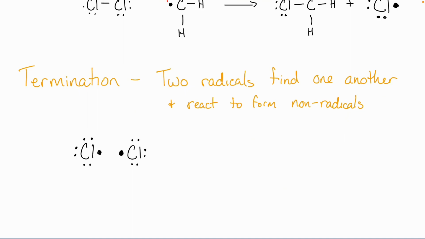So this one will say, all right, let's contribute mine, you contribute yours, and now we've just reformed a normal old covalent bond. And so as the name implies, this will terminate that reaction, right? Now I've stopped being a radical. I've stopped this sort of propagation step because two radicals have found one another.